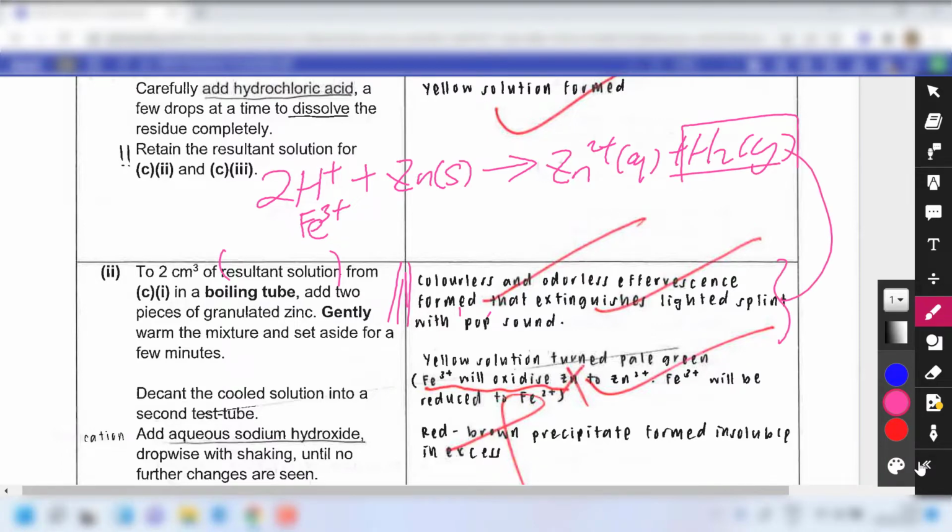So you should already expect hydrogen gas because you are adding a relatively reactive metal into an acid. So this is expected. But there is another role for zinc. The other role for zinc is to reduce my iron 3 plus into iron 2 plus.